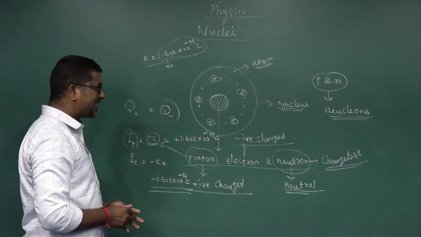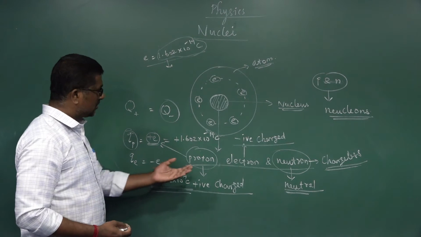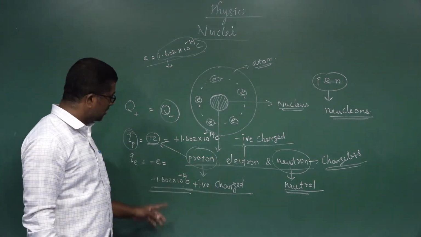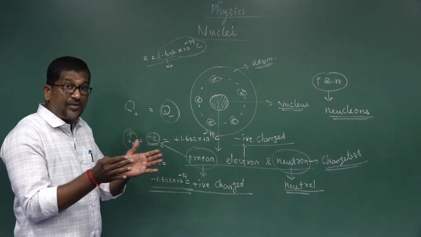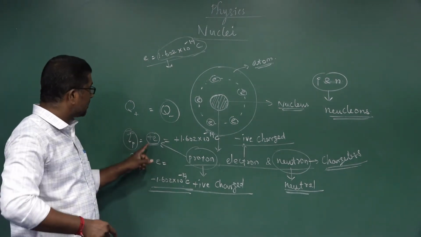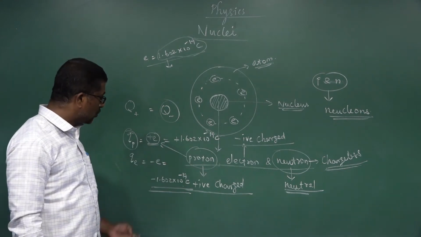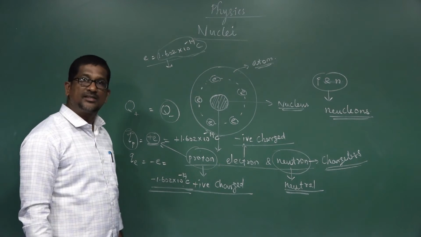So the electron is negatively charged. So it is a familiar one. Sometimes we can write the value of the charge of an electron as 1.602 × 10^-19 coulomb. But when we compare the charge of proton and the charge of electron, we should write the charge of proton is plus 1.602 × 10^-19 coulomb and the charge of electron is minus 1.602 × 10^-19 coulomb.